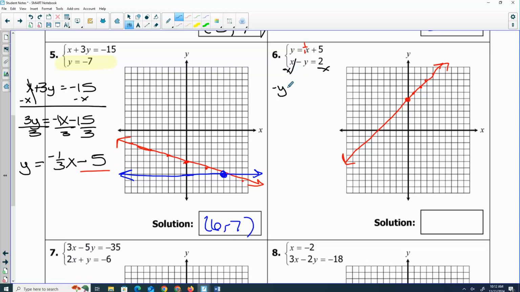So we have negative y equals negative x plus 2. And then what? We need y by itself. We still have a negative in front, so what do we have to do?